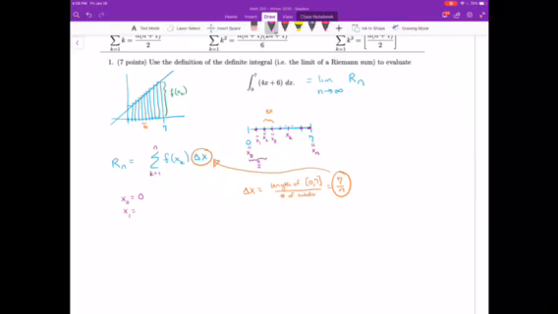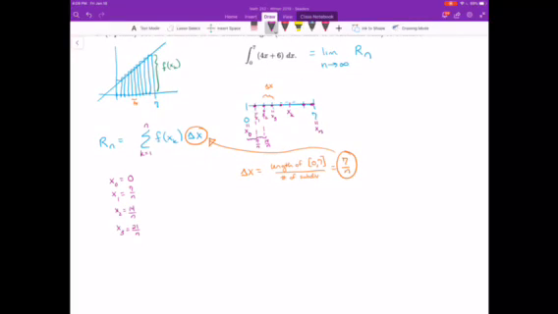X sub 2 is 2 times 7 over n to the right of 0. So it should be 14 over n. X sub 3 is going to be 3 times 7 over n to the right of 0, so it'll be 21 over n, and so on. So I start noticing a pattern, and I see that x sub k is going to be k times 7 over n to the right of 0, or 7k over n.